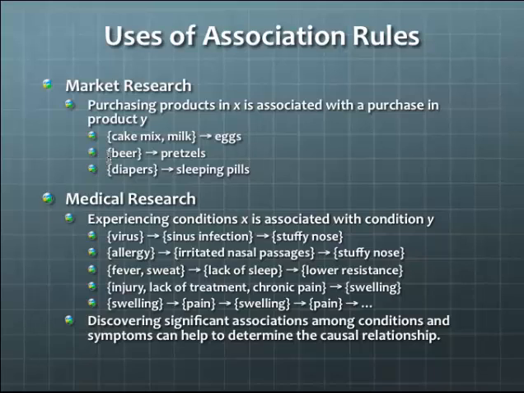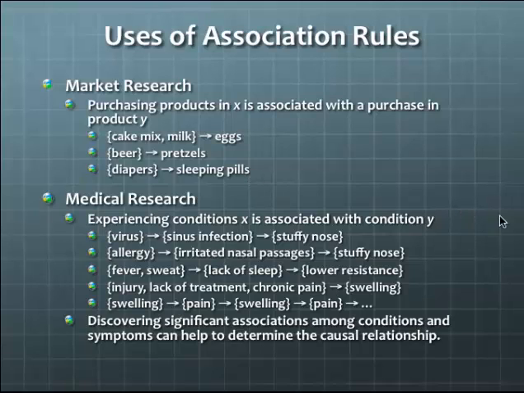Also, this rule shows that customers who buy beer will also buy pretzels. And this rule shows that customers who buy diapers will also buy sleeping pills. So retailers can use this type of rules to help them identify new opportunities for cross-selling their products to the customers.